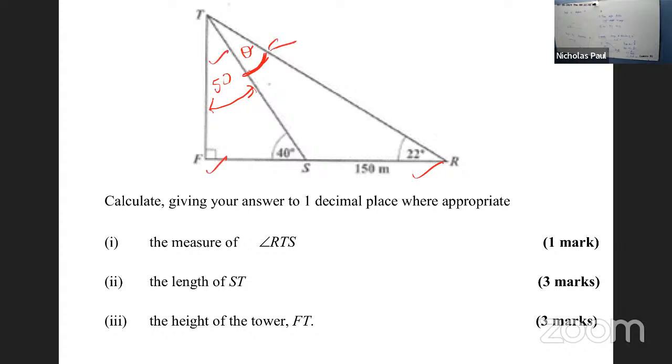So how much is here? 180 minus all of that. Theta is 38. Now, can you see enough? So that's 38. Find ST now. All the angles sum to 180, right?